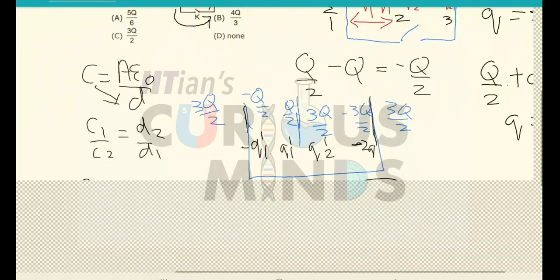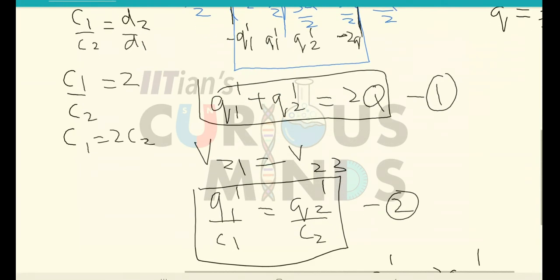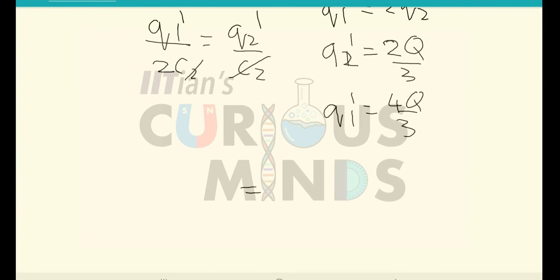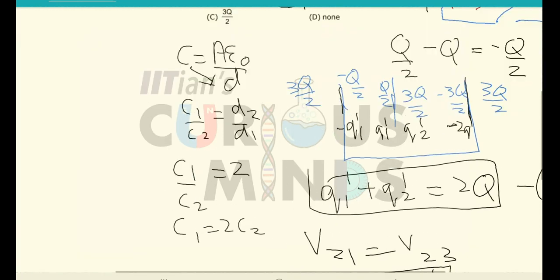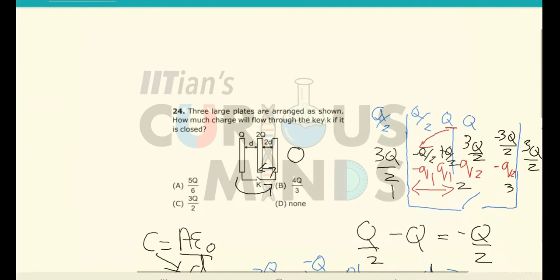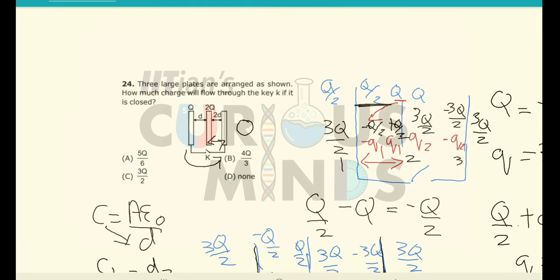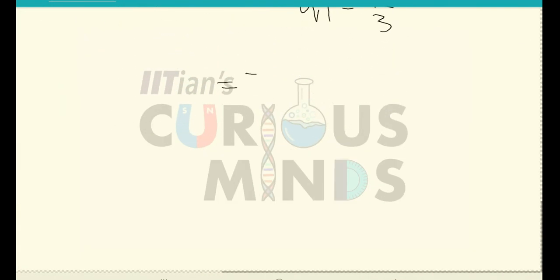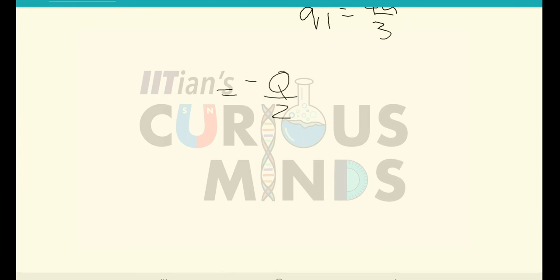If I want to find out the charges, now the charge on the left hand side was initially equal to minus Q by 2. Initial charge it was minus Q by 2.